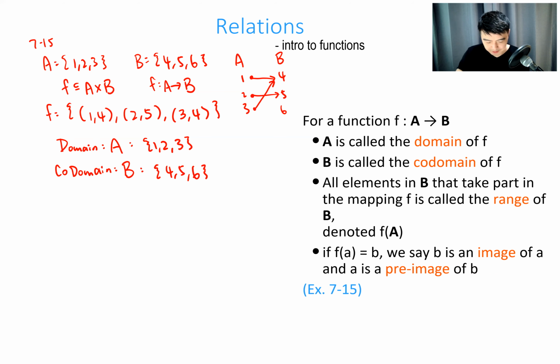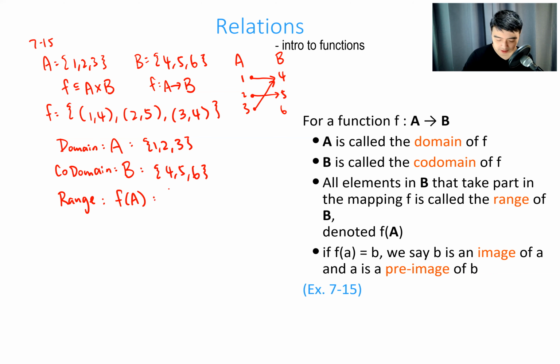Thirdly, we have what's called the range of this function, and it's denoted as f of A. The range is another set. It's the set of values that are actually used from the output. So from the codomain, what is the subset of values that are actually used in this function?